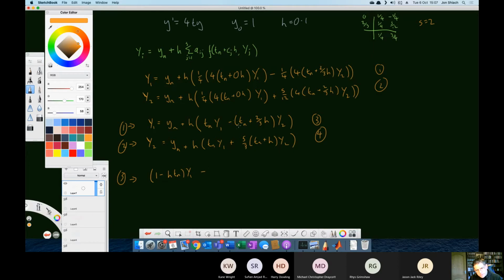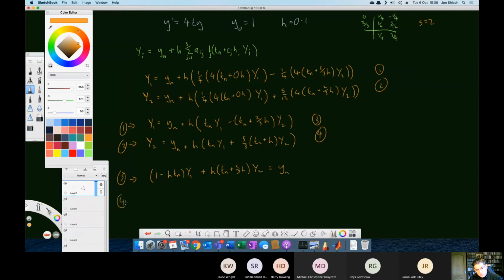Then added to that, because that's a negative there, plus H times Tn plus 2/3 H times Y2, and that's going to be equal to Yn. All of those terms have been taken over to the other side, and I'm just left with Yn, which is my known. That's the only term I know the value of.